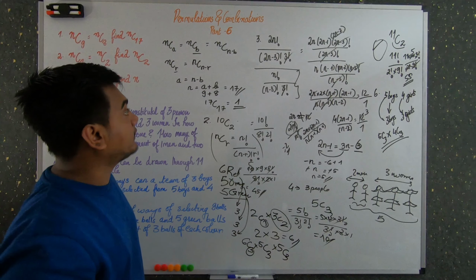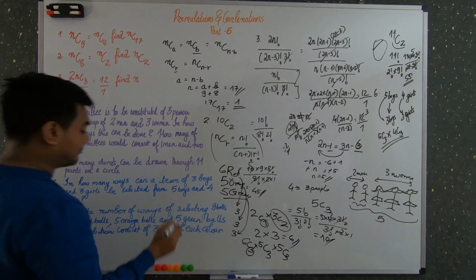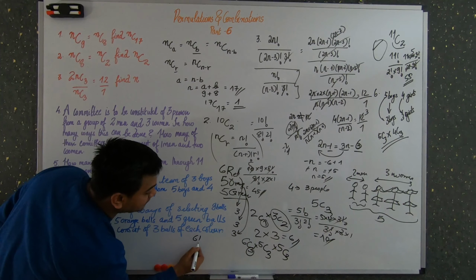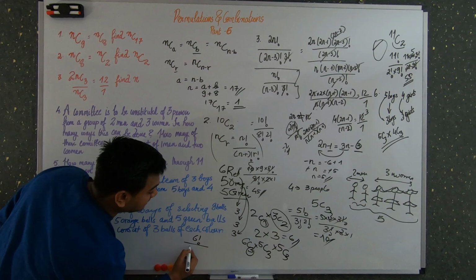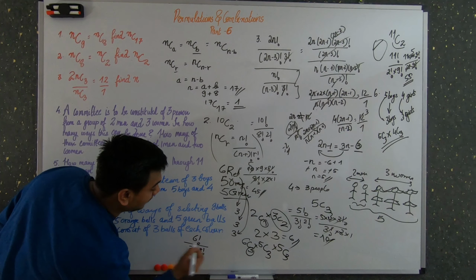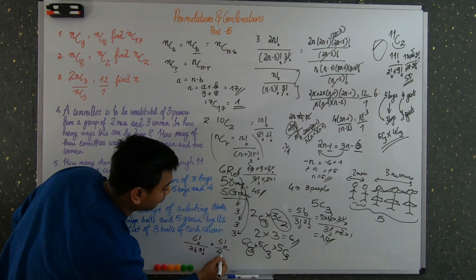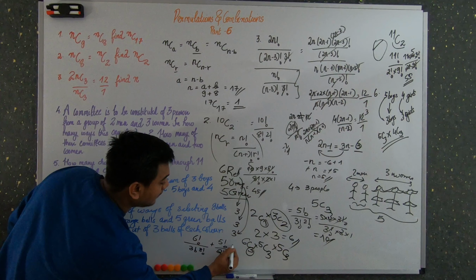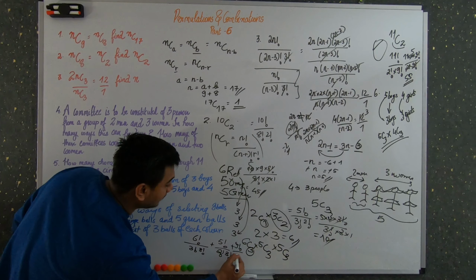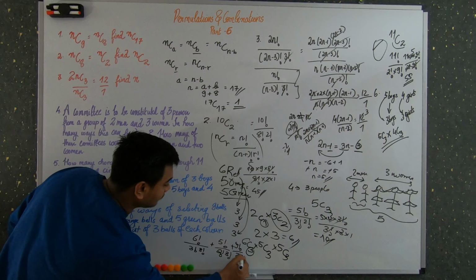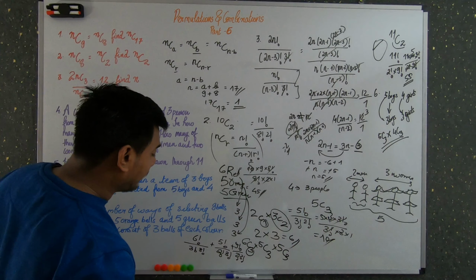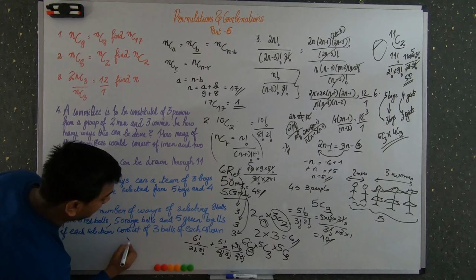So let's solve it out. I don't have space here, so I'm just going to do it here. 6 factorial by 6 minus 3 factorial into 3 factorial, plus 5 factorial divided by 2 factorial into 3 factorial, plus 5 factorial by 2 factorial into 3 factorial. Let's take the common terms. 1 by 3 factorial is common.